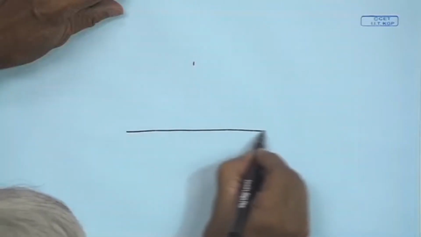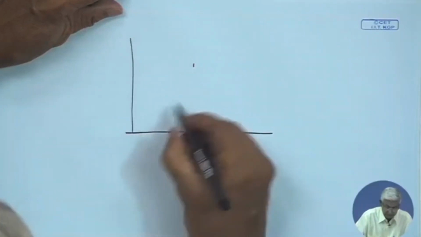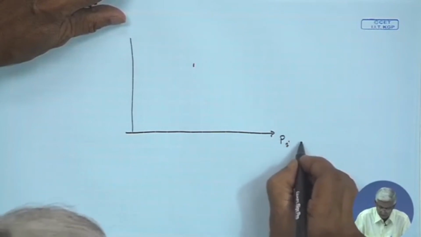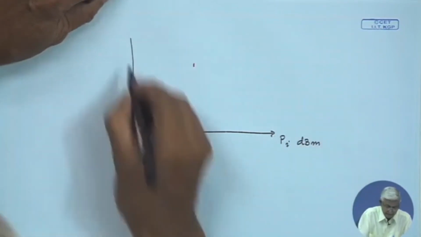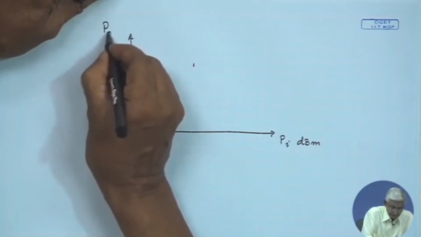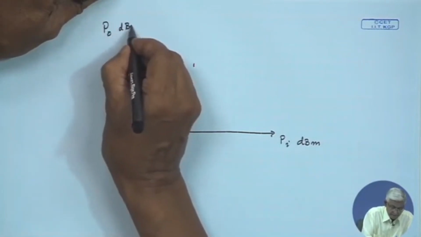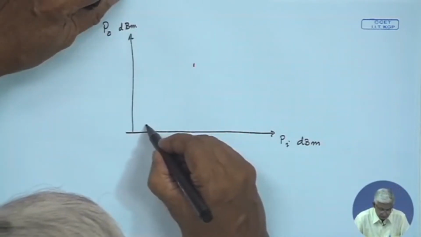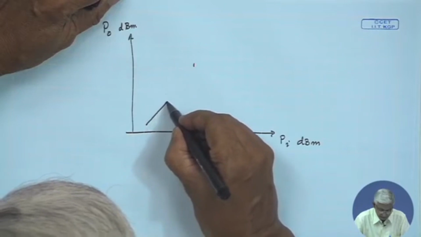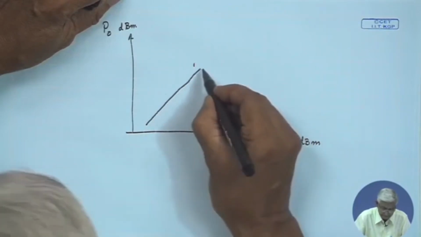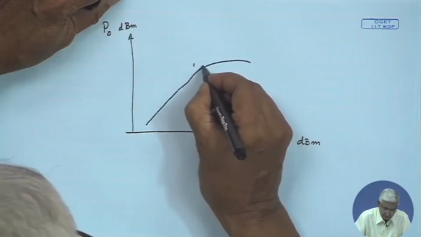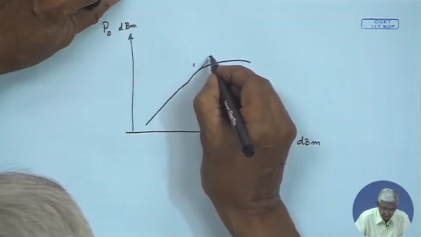Let us try to plot this again, that amplifier characteristics, which is P input in dBm and P out in dBm. Now, initially the fundamental goes linearly and then it deviates from linearity. So, there is a 1 dB compression point.